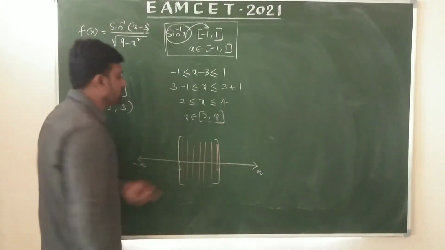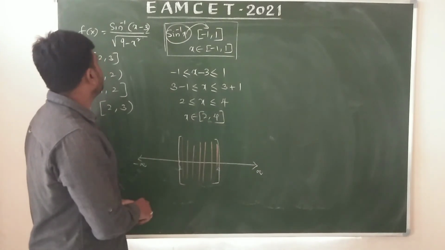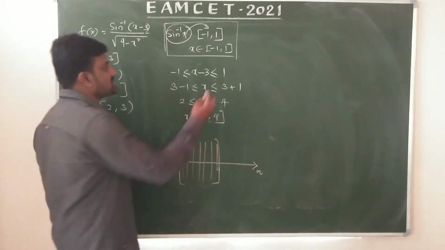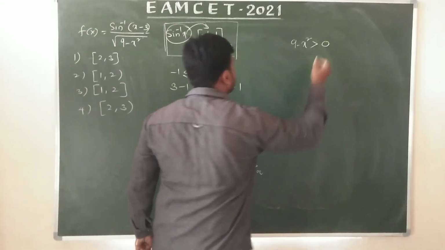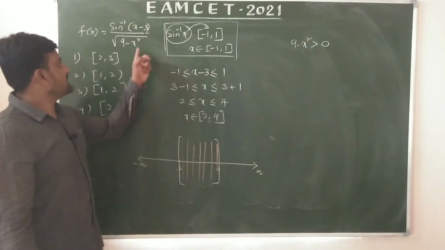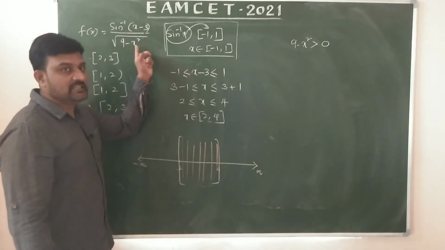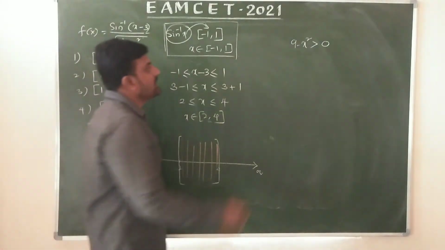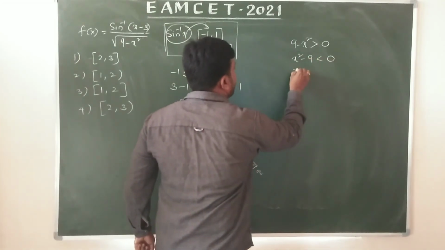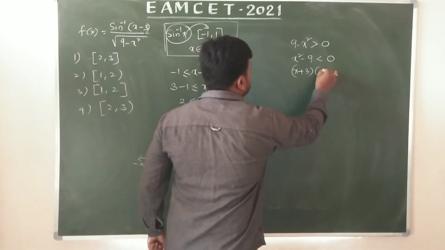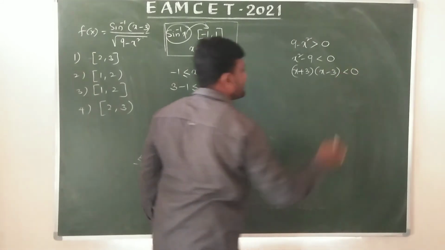Now add one more, under root 9 minus x square. For under root 9 minus x square, 9 minus x square should be greater than 0 because it is also the denominator of the function. Then x square minus 9 less than 0, x plus 3 into x minus 3 less than 0.